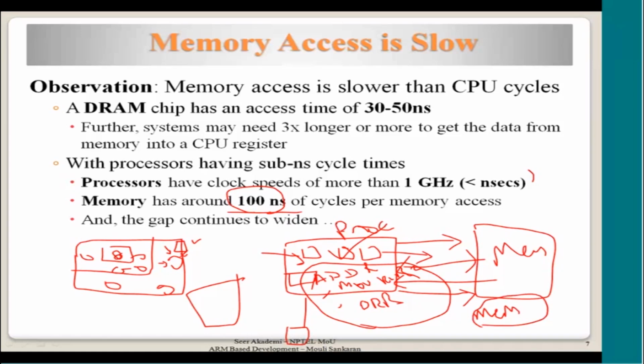So the number of instructions related to memory access is much more. I think it is from 30 to 40%, if I am right, but it depends on the application. You cannot give a fixed number out of 100 instructions.